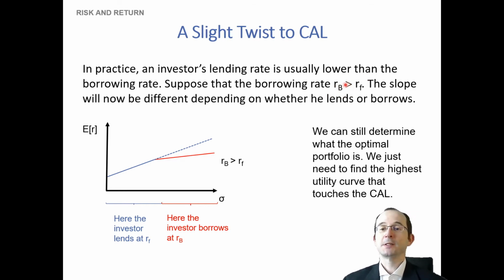But we can actually take this into account. All we need to do is introduce a kink to our capital allocation line to account for the fact that when we borrow, we're going to have to pay more than the risk-free rate for our borrowings. In other words, our risk premium is actually going to be lower because it's not going to be the expected return to the risky portfolio minus the risk-free rate.